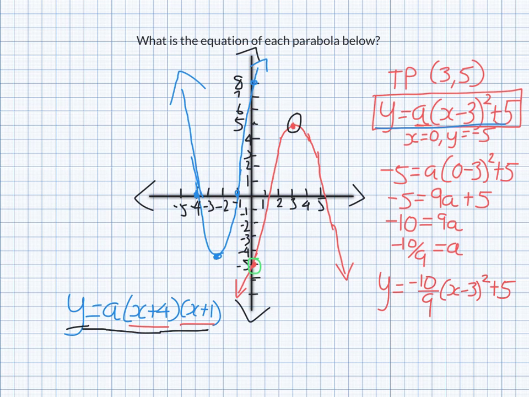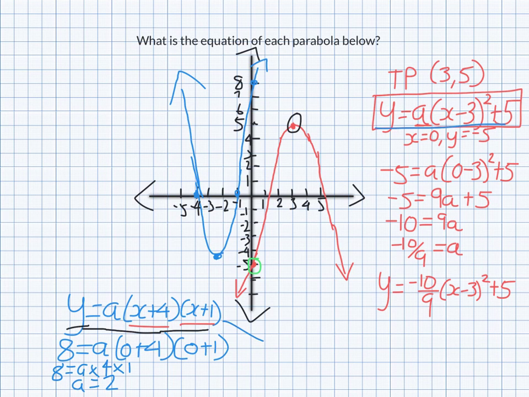So I'm going to sub in, again, the y-intercept, x equals 0, y equals 8. So I get y equals a times x plus 4, which is 0 plus 4, times x plus 1. So now I have 8 equals a times 4 times 1. 8 equals 4a, a equals 2.